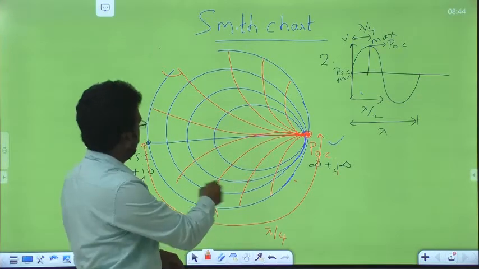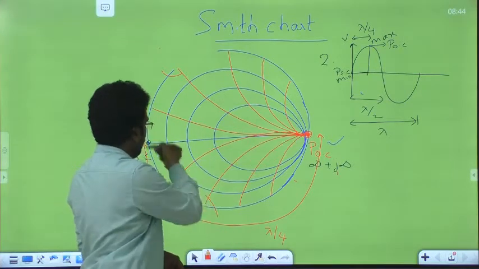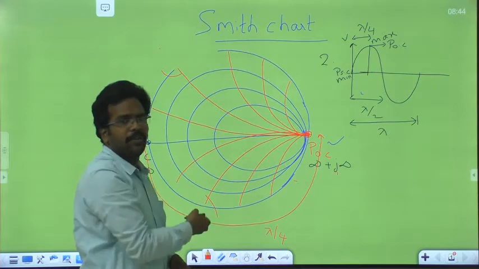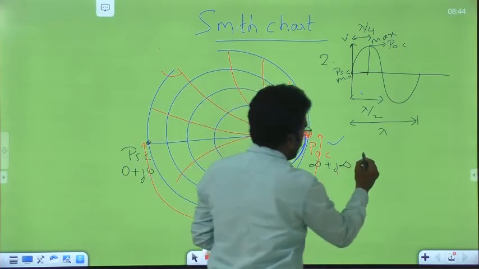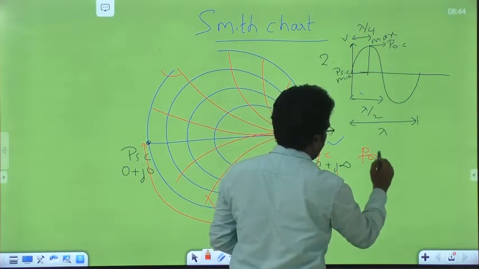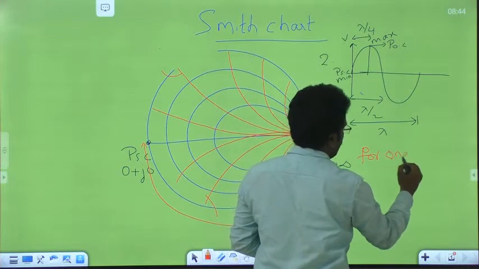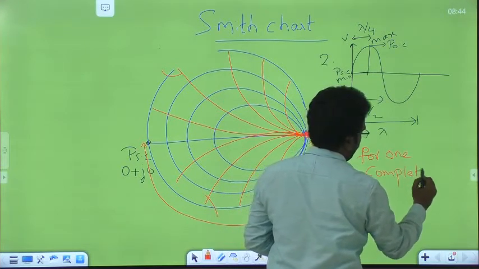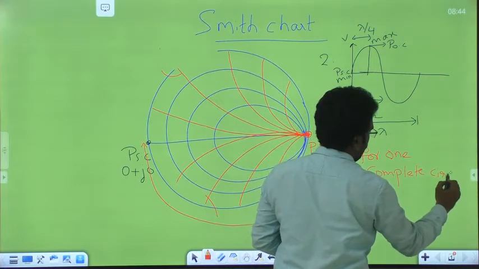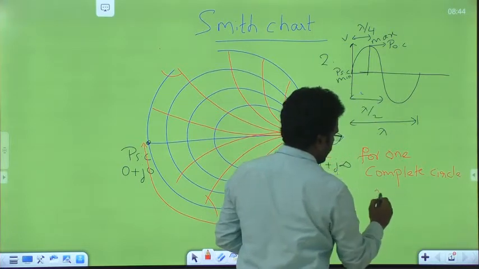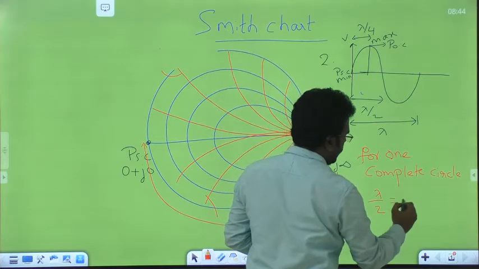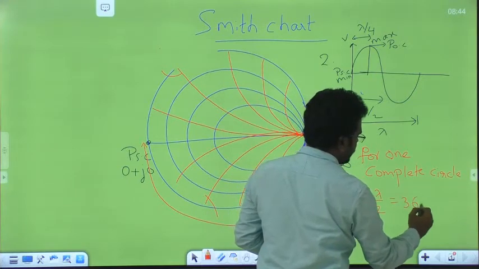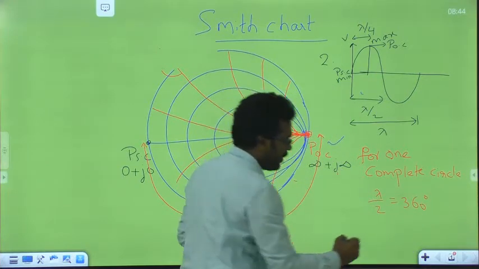Therefore, this is going to give a half circle. For one complete circle, I can take it as lambda by 2. Lambda by 2 is equal to 360 degrees because it is one complete circle.